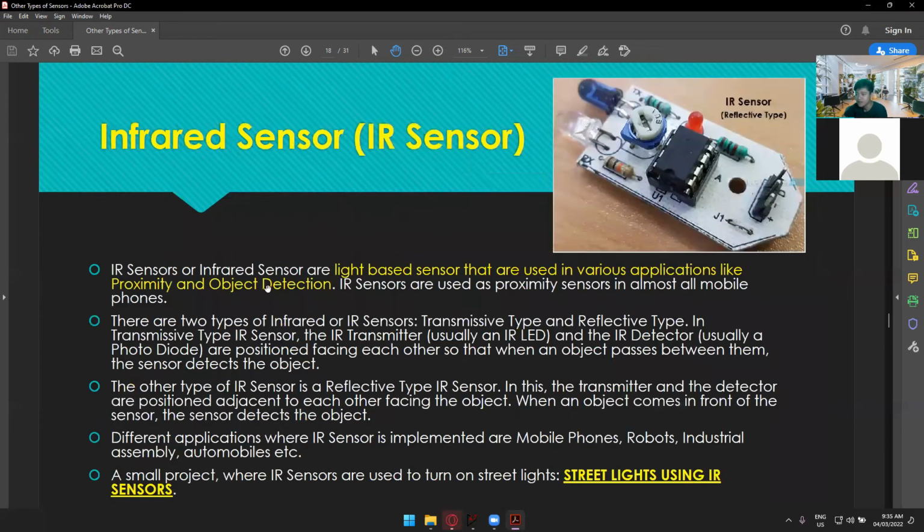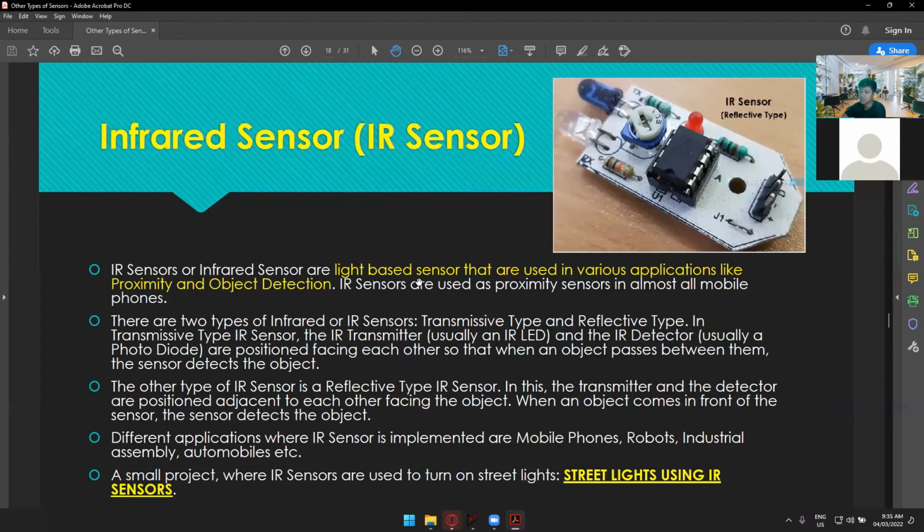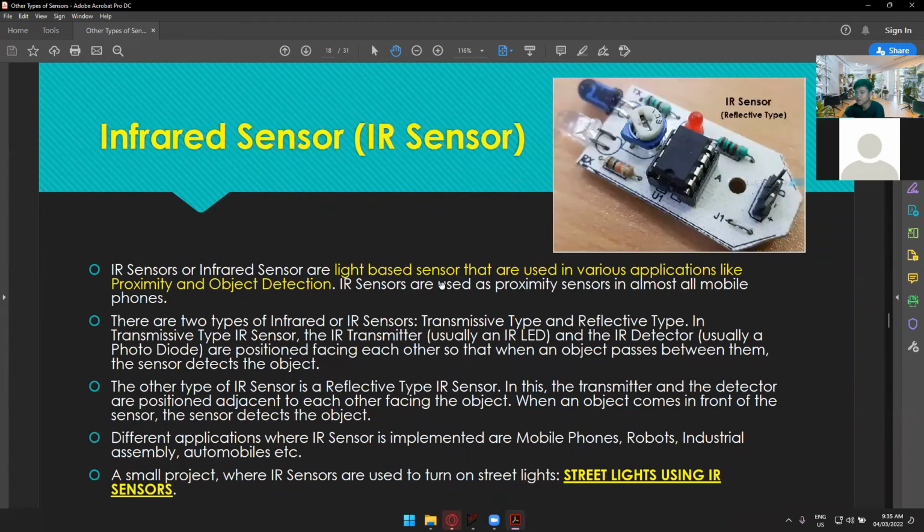So we also have the infrared sensor. Before, the proximity sensor detected objects through radiation. This one can also detect objects, but it's now based on light. So this one is a light based sensor. Everything is the same, it's just that this one is using light. So proximity uses radiation, so it doesn't need light, and the infrared sensor of course needs light.